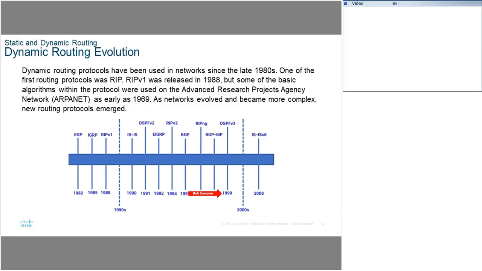And then way up here, IS-IS for IPv6 in 2008. There's not very many modern routing protocols in here. I mean, the one we're using, OSPF version 2, is 29 years old. But it still runs and it still works, and routers that are 29 years old still exist out there. So you need to be able to go back to that backwards compatibility.